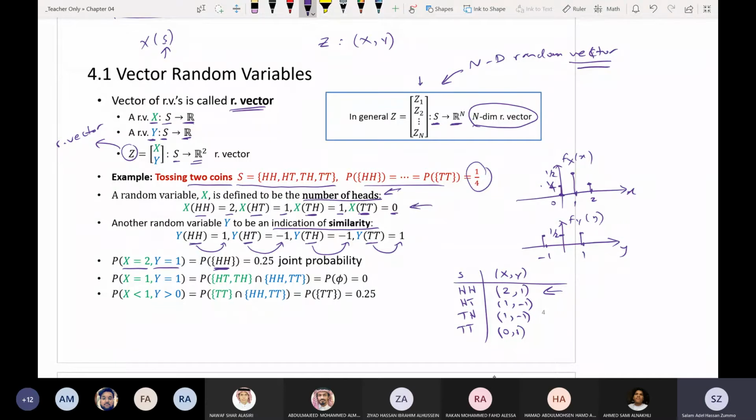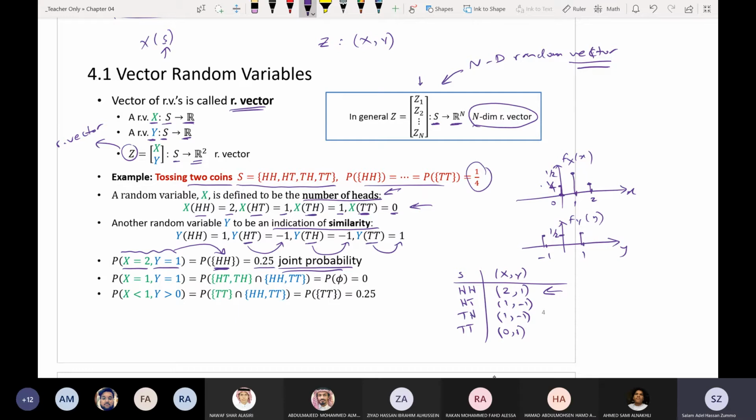So I can map the corresponding event in X and Y back to the corresponding outcome of the sample space, which is a probability of 0.25. We call this the joint probability.